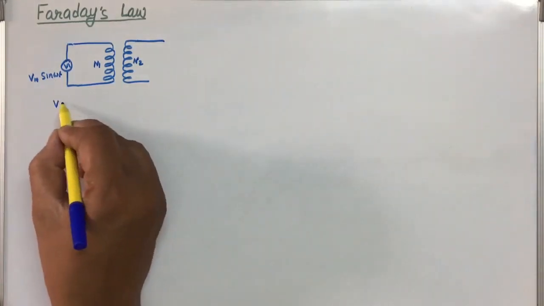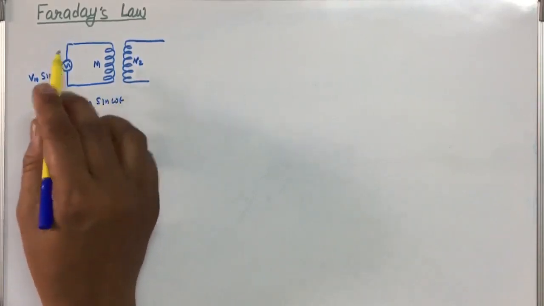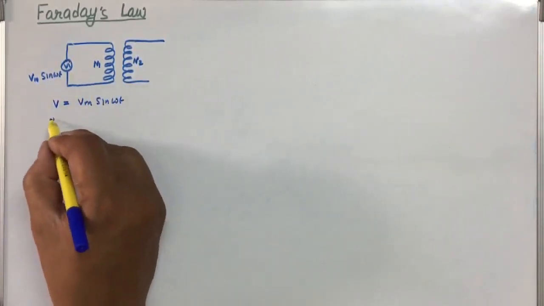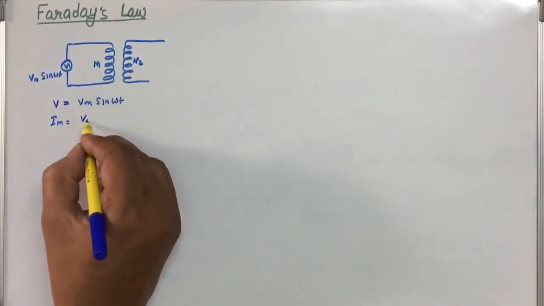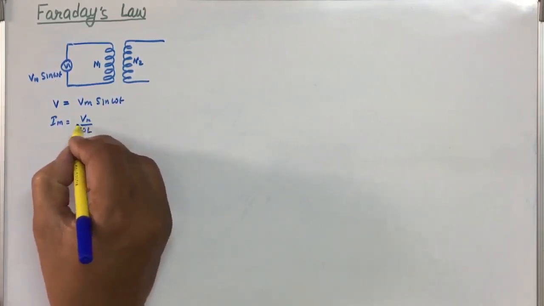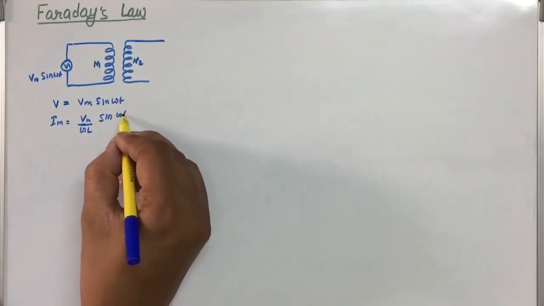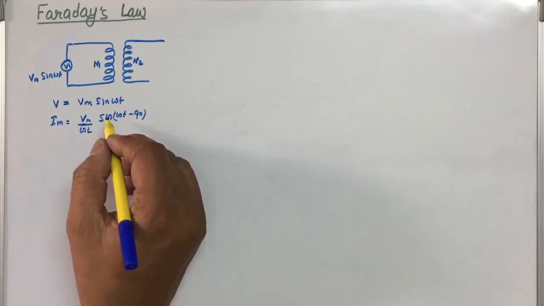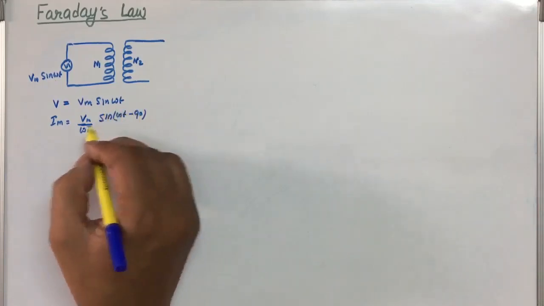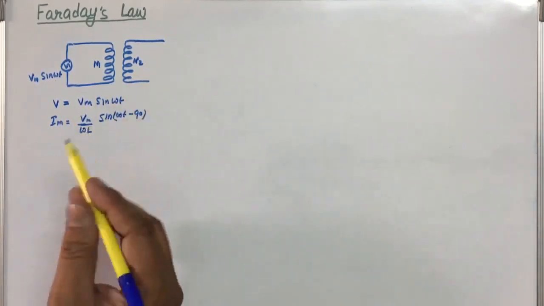So from here we can say V is equal to Vm sine omega t, and the corresponding Im can be written as Vm by omega times the inductance, sine omega t minus 90 degrees, as it is considered purely inductive. Current is lagging by 90 degrees. So this is the magnetizing current, we can say, only if it is open.